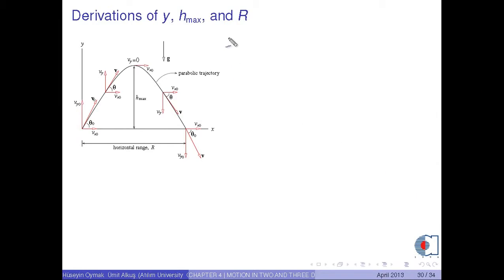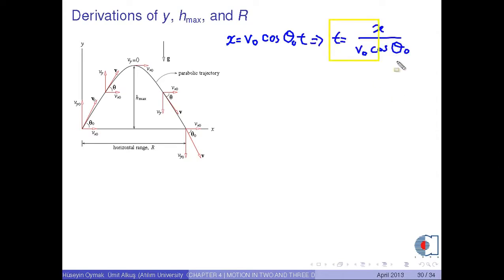From the equation for x, that is x equals V0 cosine theta 0 times t, we obtain t equals x over V0 times cosine theta 0.